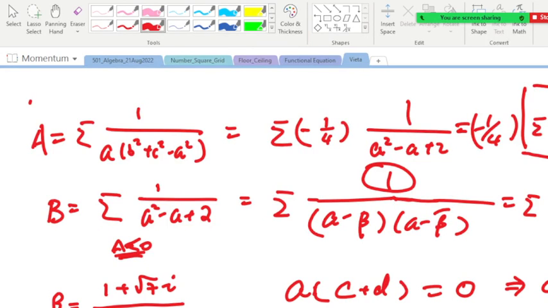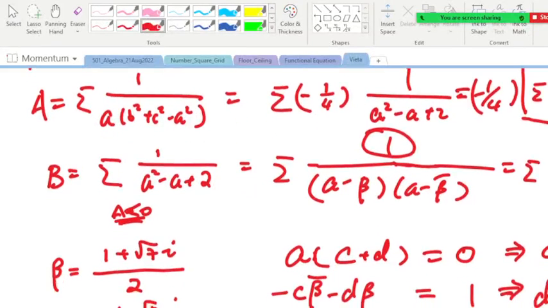Now D is equal to 1 over beta conjugate minus beta, and C will be 1 over beta minus beta conjugate. Then we just plug it in. Beta minus beta conjugate is root 7 i. So now we have solved C and D.